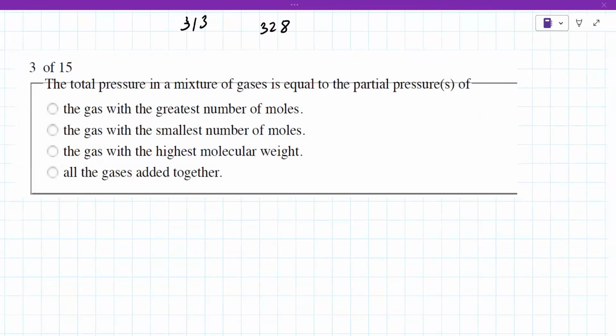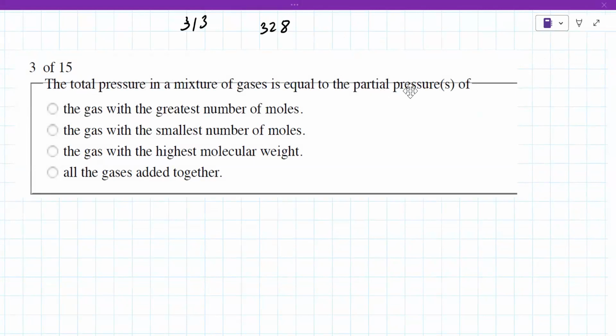The total pressure in a mixture of gases is equal to the... Let's see. I'm seeing a thumbs up on partial pressure, which they don't have here.